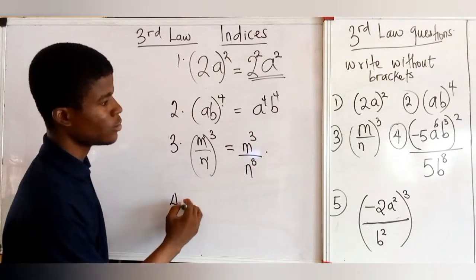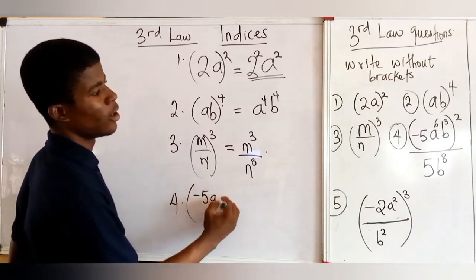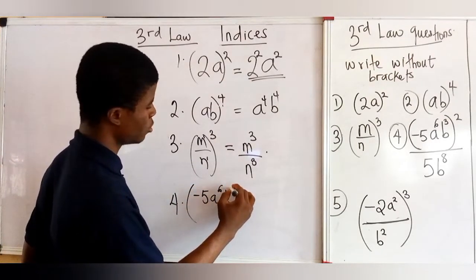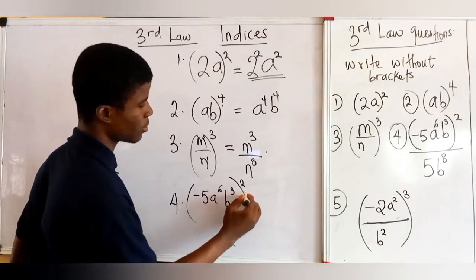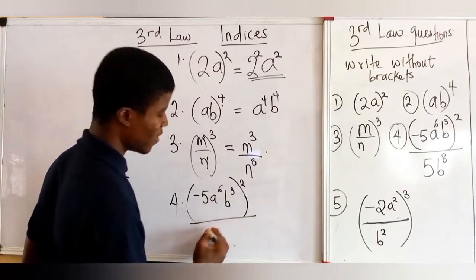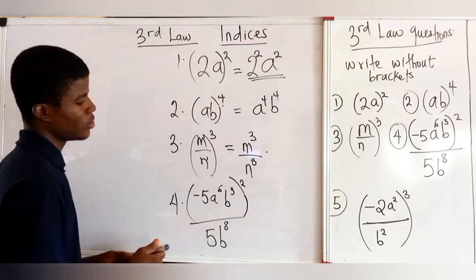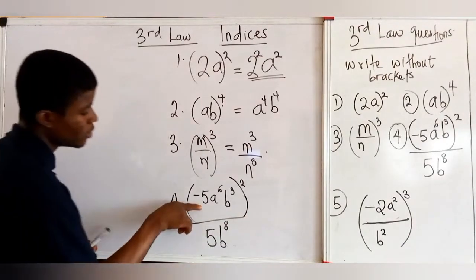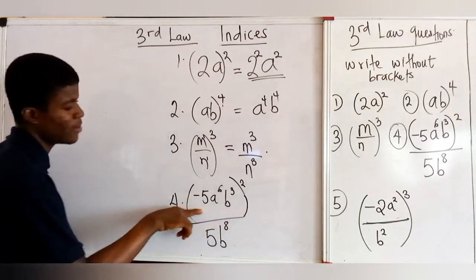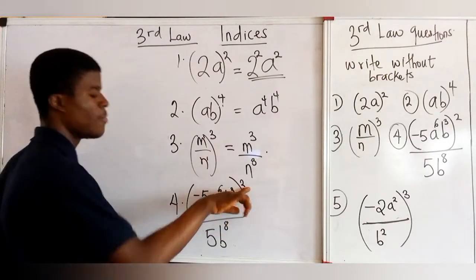Question 4. That's minus 5a to the power of 6 b cubed all squared, divided by 5b to the power of 8. So let's see how we are going to handle this question. Each of these terms that are here, each of them individually will be affected by this power.